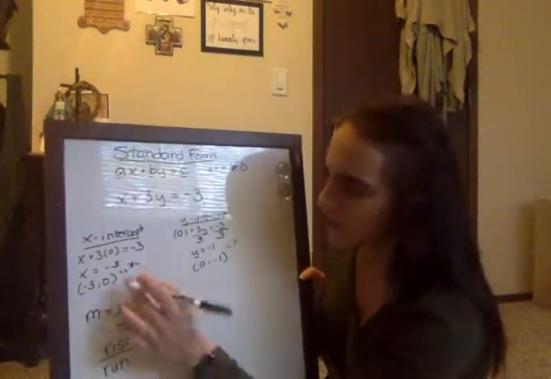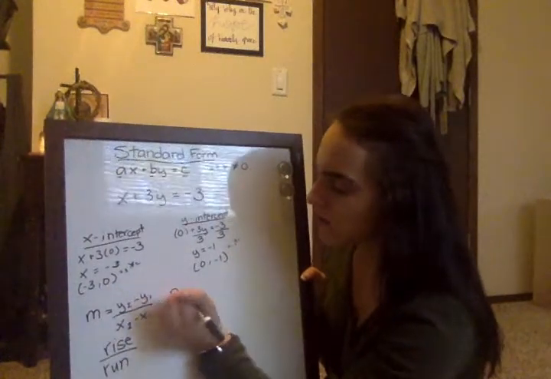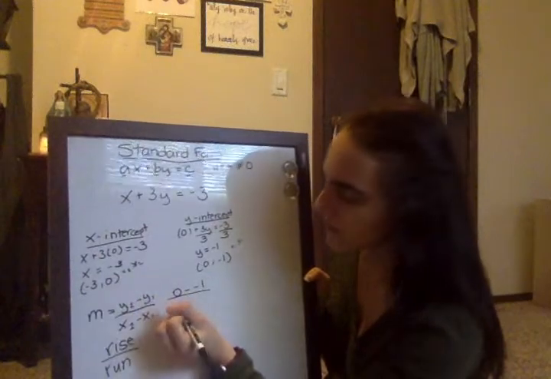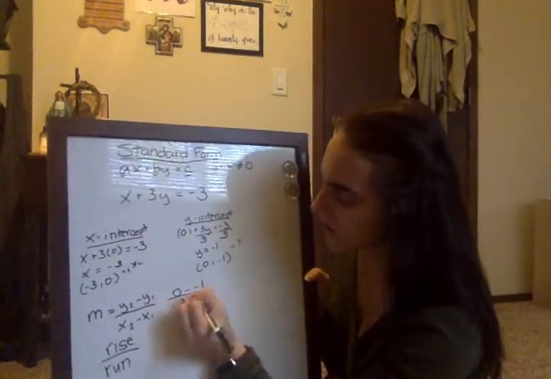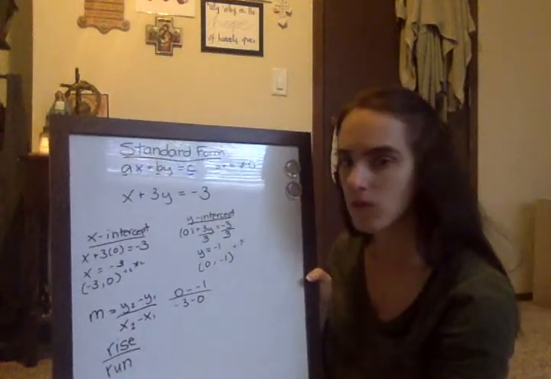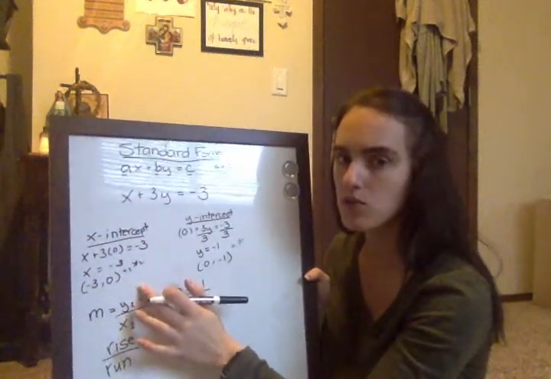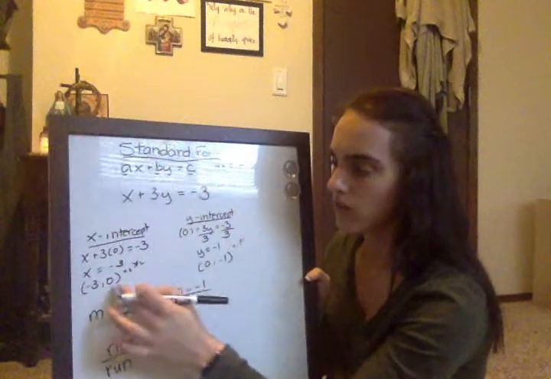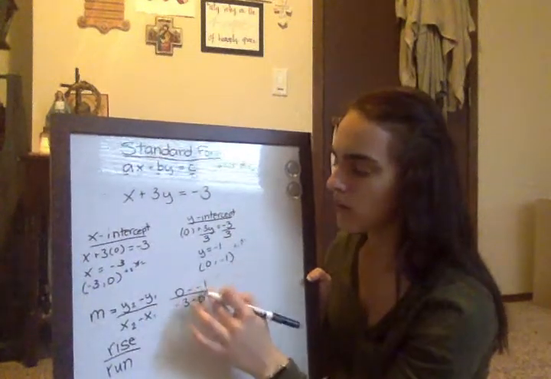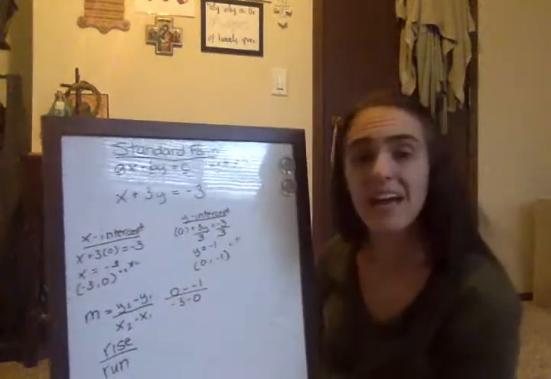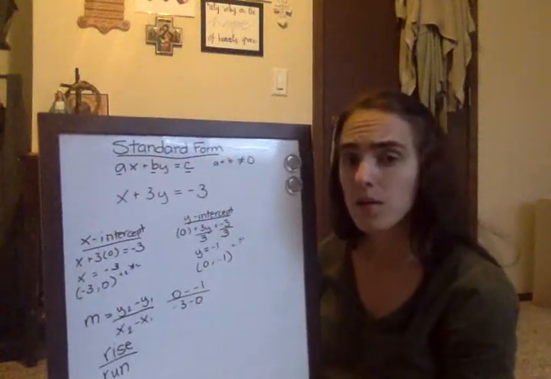So, I said this one I wanted to be y2, so this would be 0 minus a negative 1 over negative 3 minus 0. See how I got that? I just plugged them in. It really doesn't matter which one you choose.